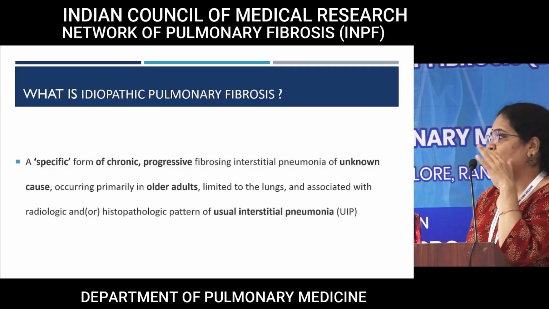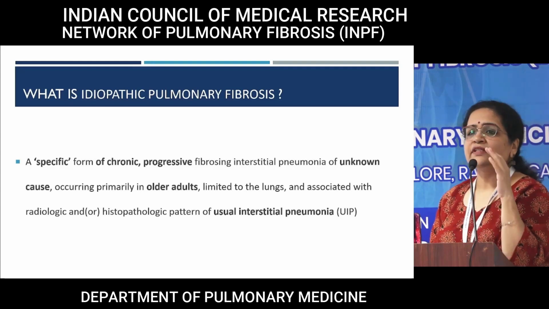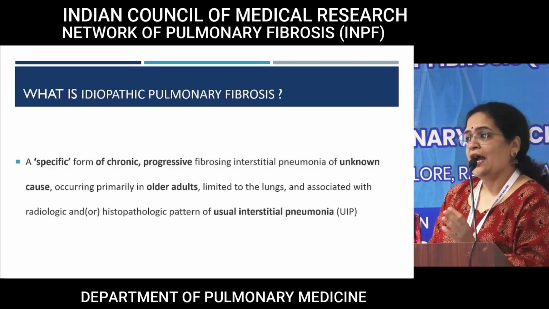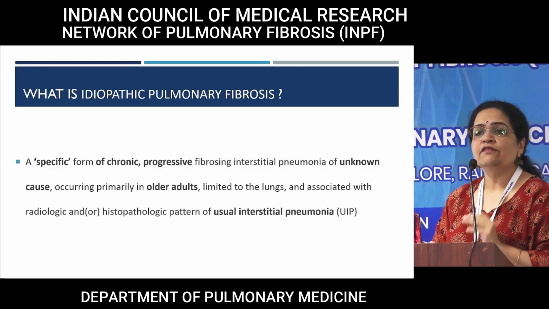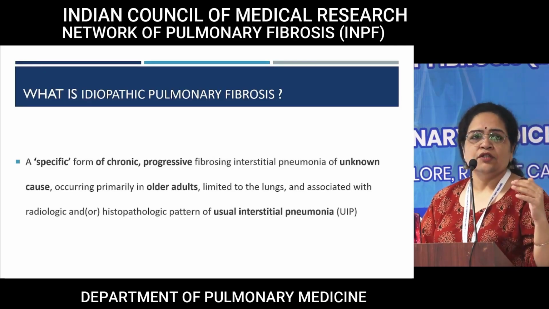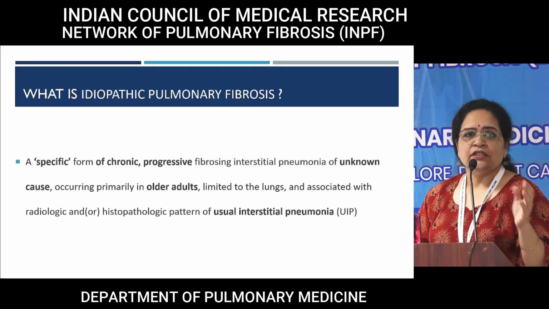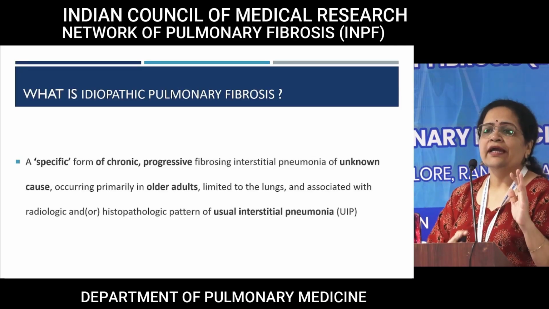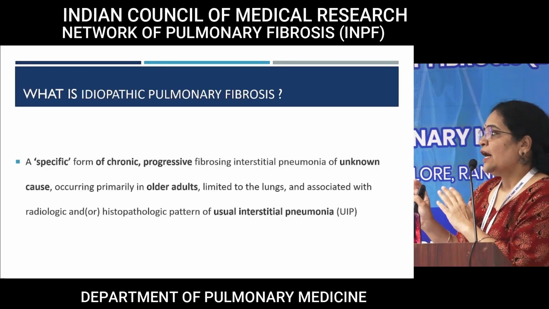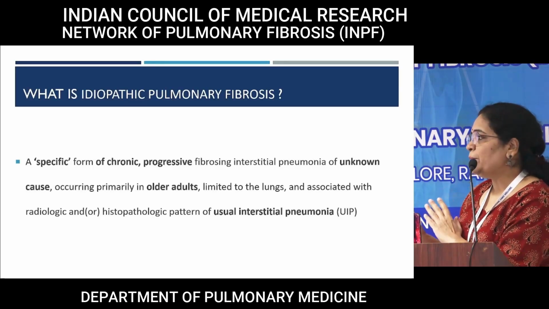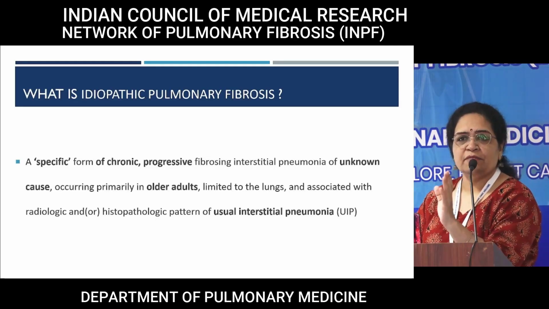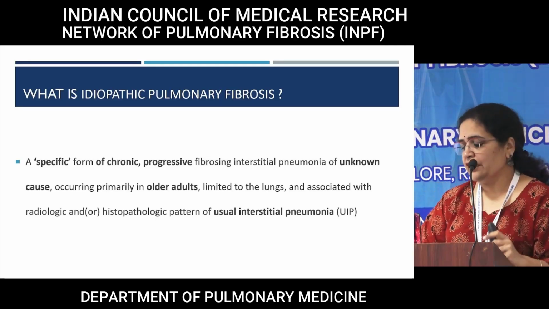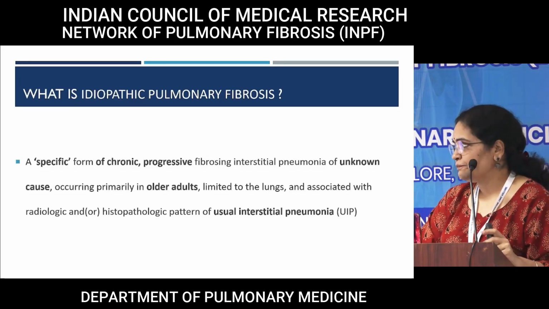It is limited to the lungs, and it is associated with a radiological and or histological pattern of usual interstitial pneumonia. So for younger trainees here, the keywords you need to remember is it's progressive fibrosing, it doesn't have a known cause, and it is seen in older people and UIP. These are the buzzwords you have to remember when you are thinking of IPF.